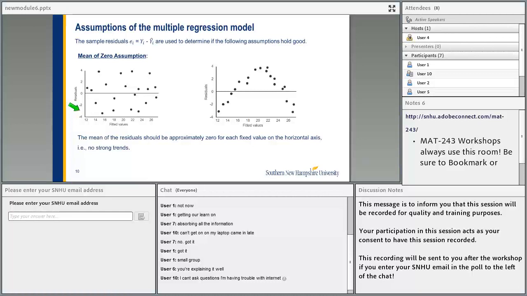So in the first graph, if you see, there is no pattern. It's just a random set of points. And in the second one, there is a pattern. For lower fitted values, the residuals are small, and then it rises and then falls again. So the mean of the residuals should be approximately 0 for each fixed value on the horizontal axis. That is, no strong trends.